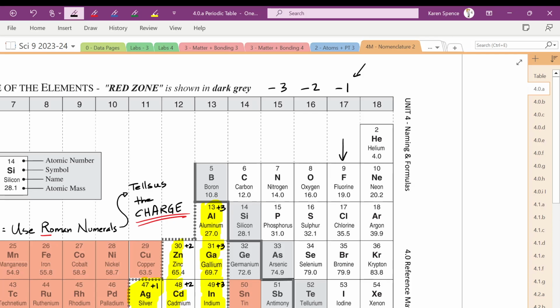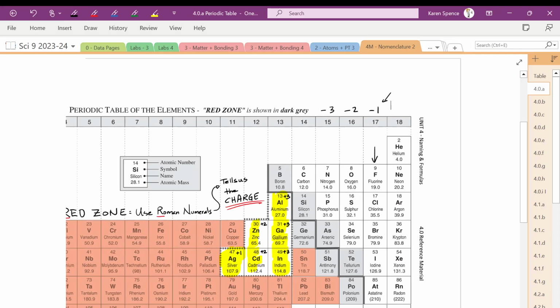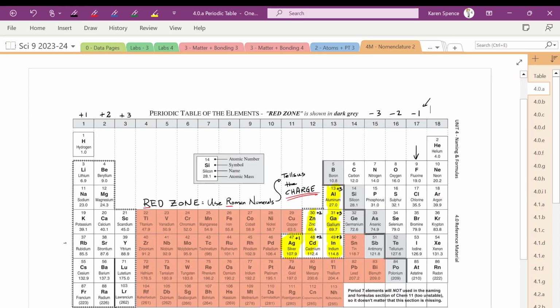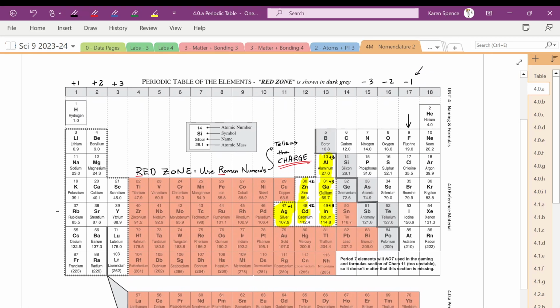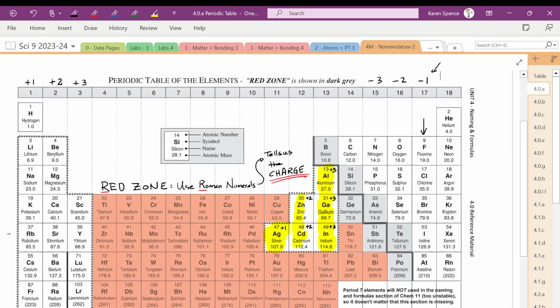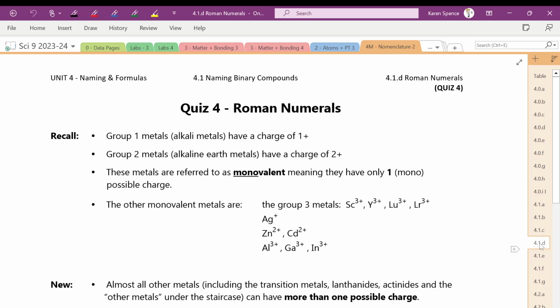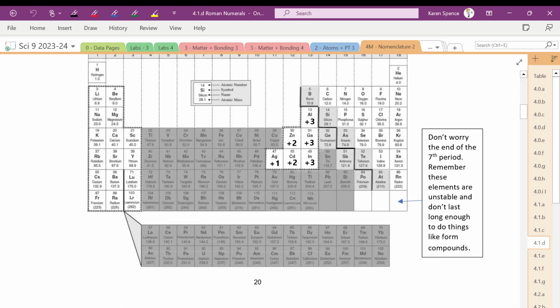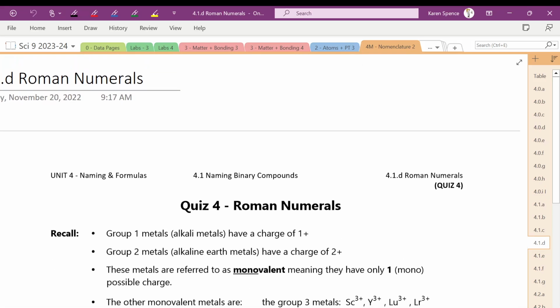But if you want that option, if you want to challenge yourself a little bit, you can, okay? So here we go. We have this. That tells us the Roman numerals, that tells us the charge. And now we're going to go to, I think it's 4.1D, which is on page 20. Page 20.